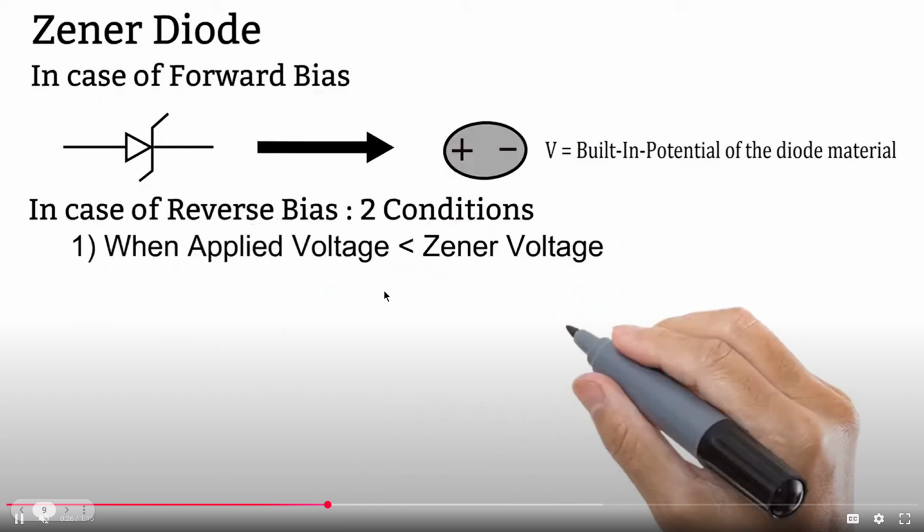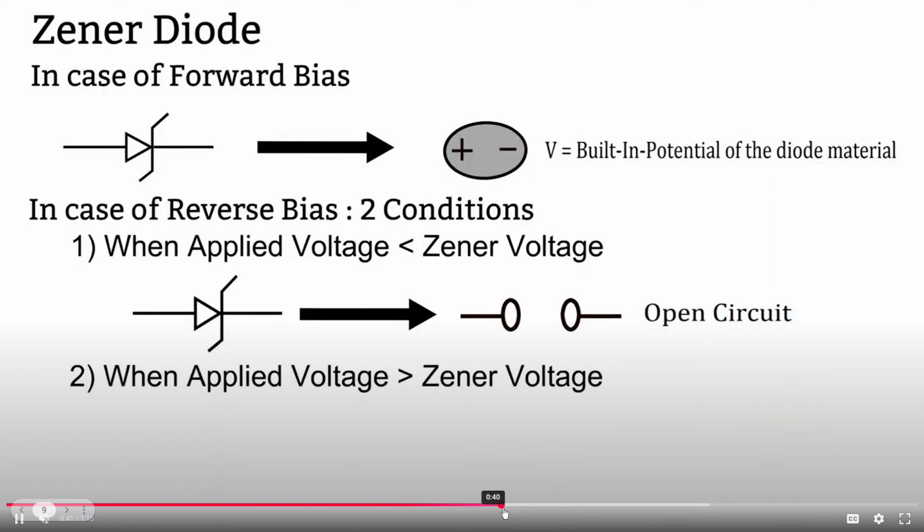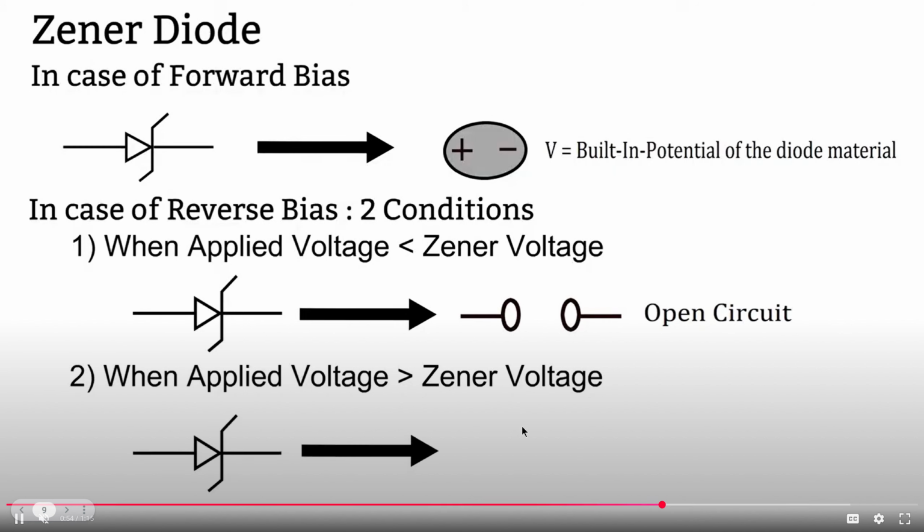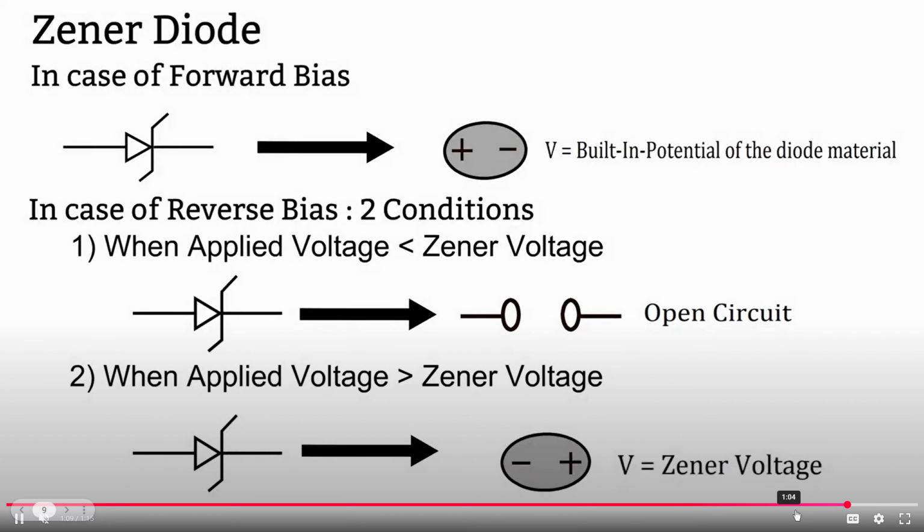And there are the two conditions I already told you: there is the open circuit if applied voltage is less than Zener voltage, and otherwise the reverse bias Zener will be replaced by a voltage source equivalent to Zener voltage, or VZ.